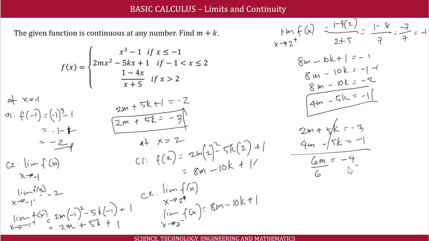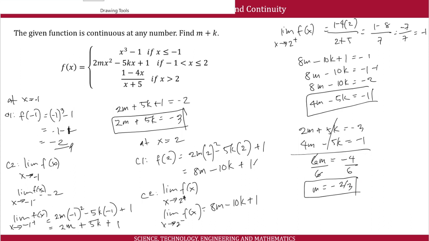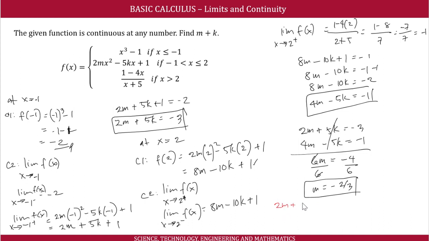Divide by 6. So m equals negative 2/3. So we have a value of m now, negative 2/3. Then to solve for k, we can use equation 1: 2m plus 5k equals negative 3, by substitution. 2 times the value of m, negative 2/3, plus 5k equals negative 3. 2 times negative 2/3, so negative 4/3 plus 5k equals negative 3.